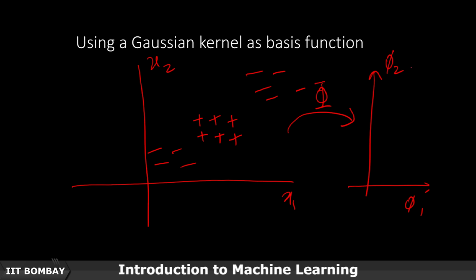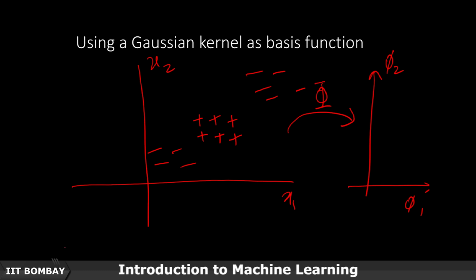So phi1 and phi2 are the two features. It could be actually more than two features, but for this illustration we will take only two features. And the objective would be that we transform it into a new space where the data is linearly separable. So let's see how we can do that.